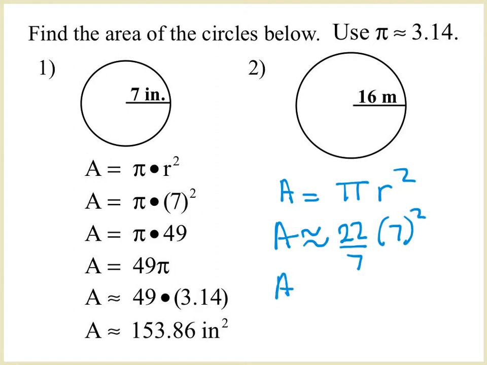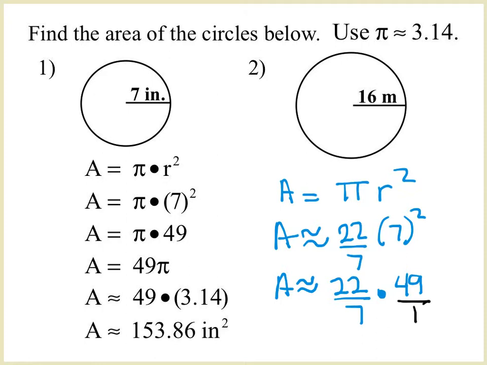Now remember, with our order of operations, we have to do our exponents first. So I'm going to end up with 22 sevenths, leave that alone, times 49. And I'm going to put that over 1.